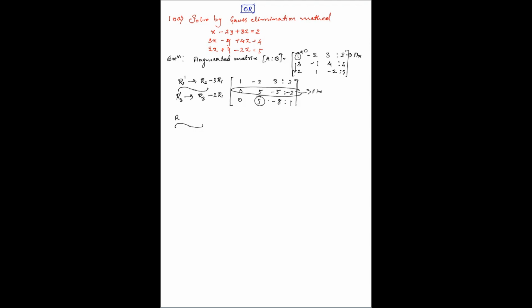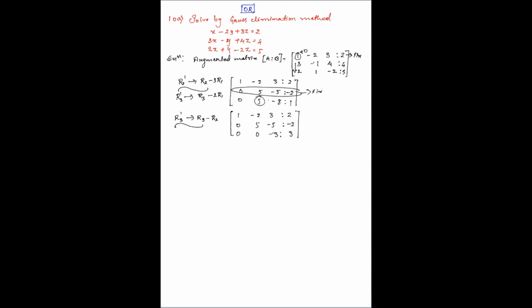So here r3 dash is disturbed, r3 minus r2, just r3 minus r2 I am doing. 1 minus 2 3 2 0 5 minus 5 minus 2 0 5 minus 5 0 minus 8 plus 5 is minus 3. 1 minus into minus 2 is 3. So 1 plus 2 is 3.